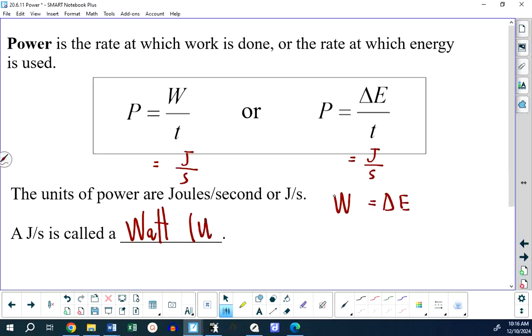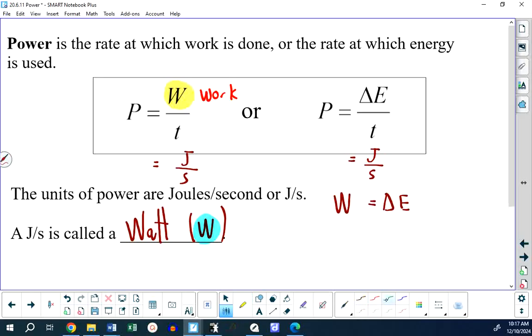which is abbreviated W. So here's the issue I have with the formula on the left. The formula on the left has a capital W, and this capital W is a quantity. It's not a unit, it's a quantity. And the quantity is called work. This capital W down here is a unit.